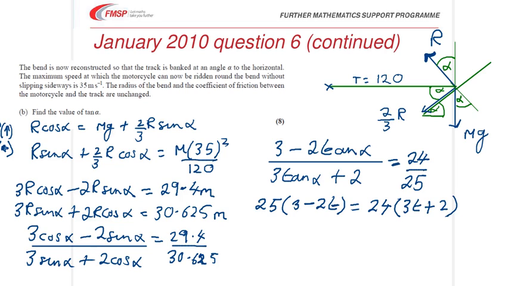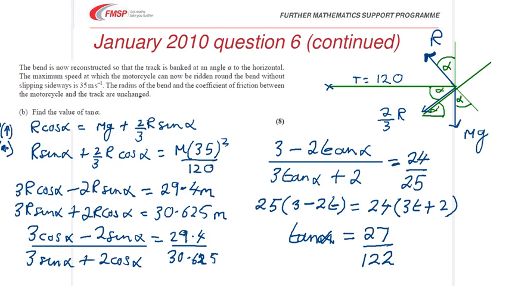Just skipping one more line where you've got to expand the brackets and collect up the t's, the tan alpha, tan alpha works out to be 27 over 122. I've got this right. So tan alpha is 27 over 122. That's the correct answer.